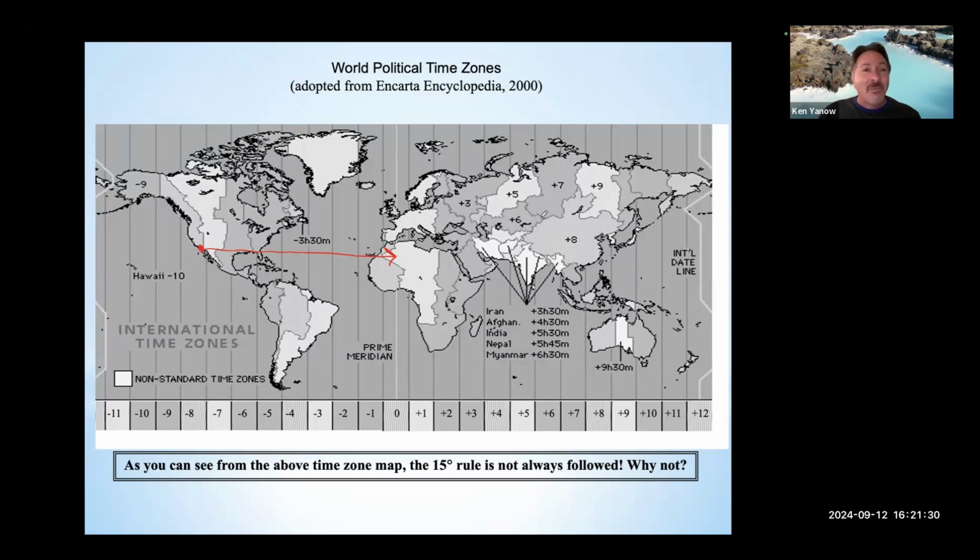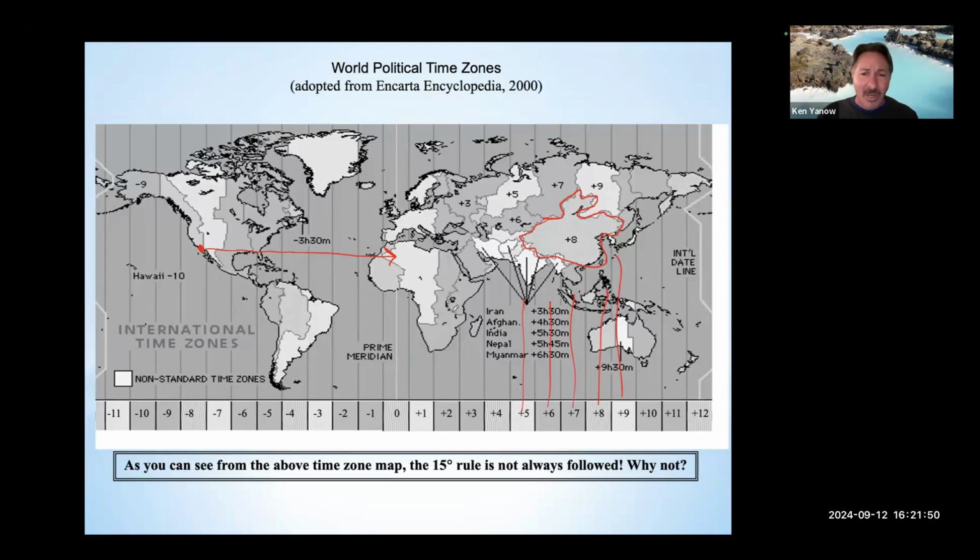But take a super close look. We're not seeing the 15-degree rule everywhere. As a matter of fact, if you went to China, it's one big time zone of +8. That doesn't make any sense because China should be 1, 2, 3, 4, 5 time zones, but it's not.